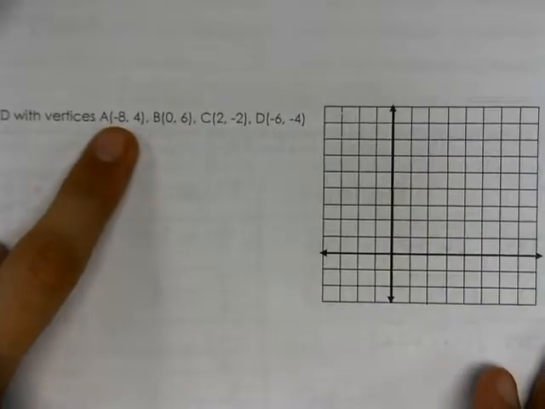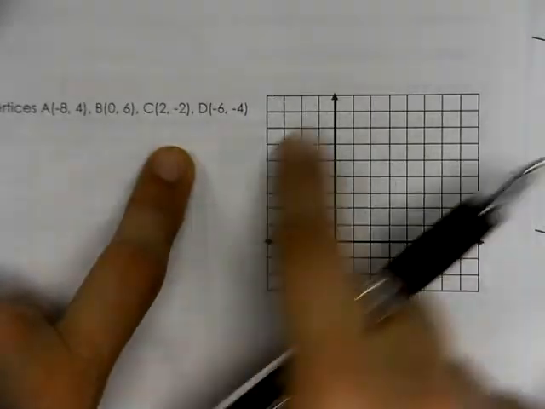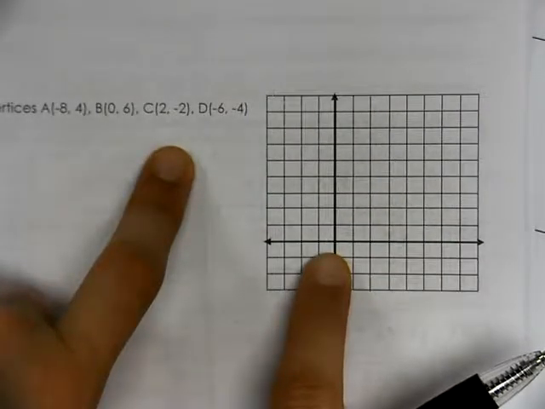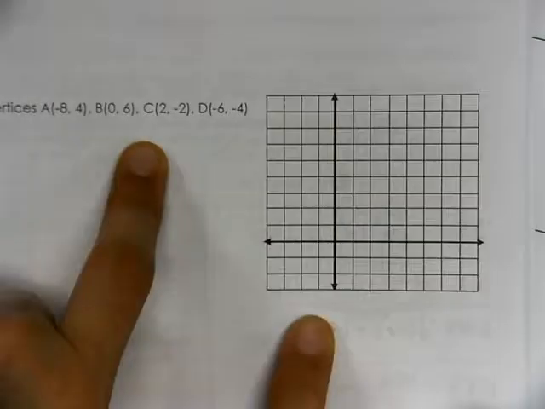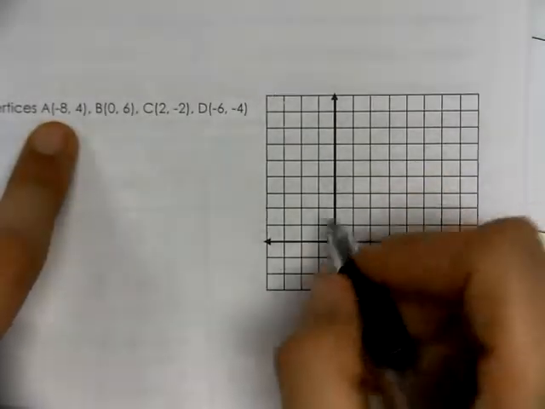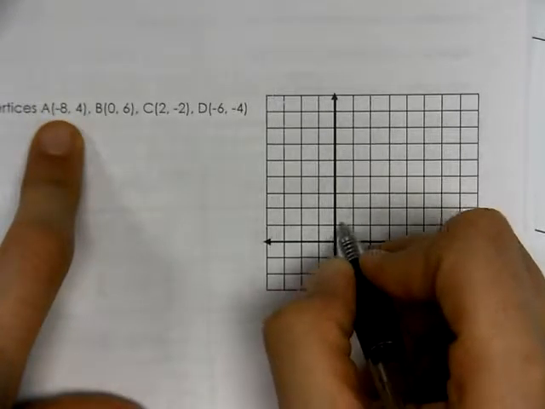C, we're going to graph A, B, C, D. But do you notice the points in the graph don't really match up? So let's plot this whole thing. Let's make everything go by 2s. So A is going to be negative 8, 4. Everything's going to be by 2.